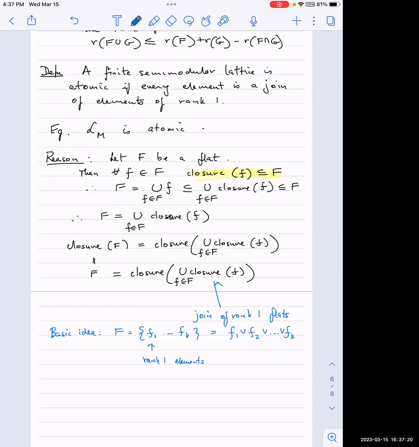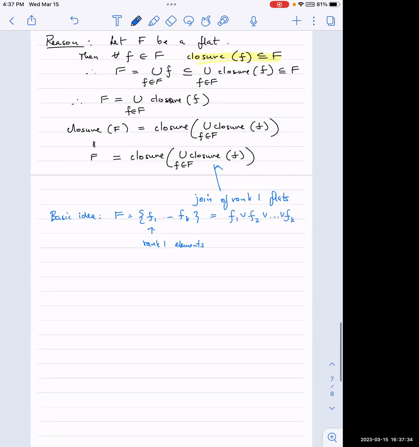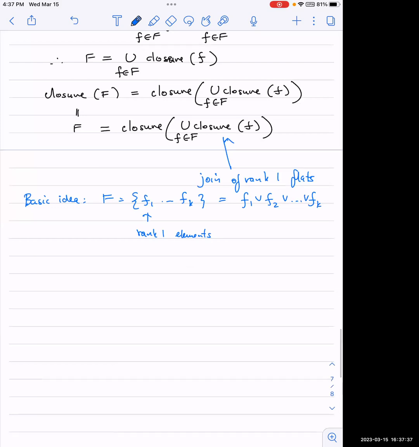So L of M is atomic. Almost done. Any questions?